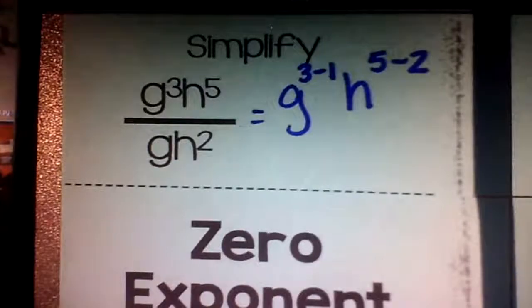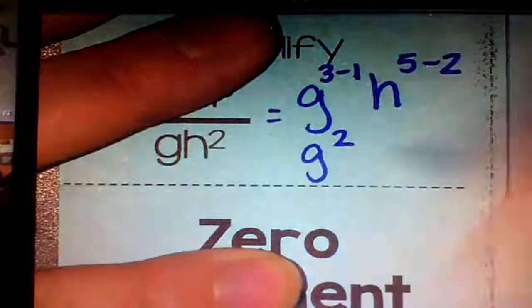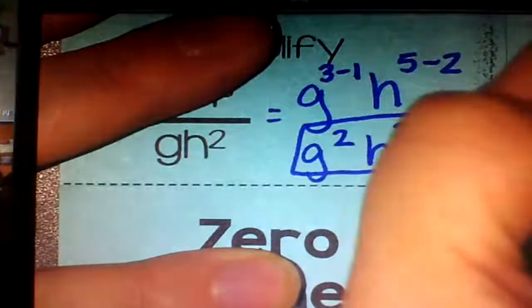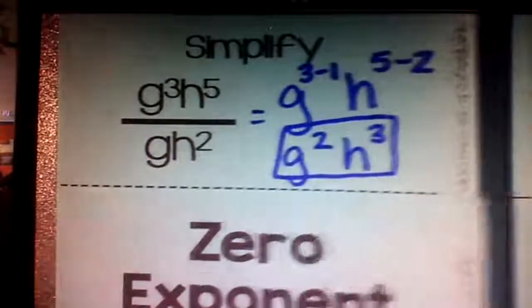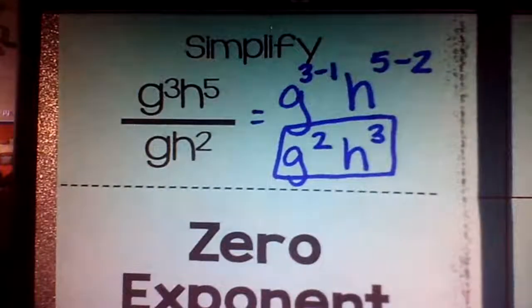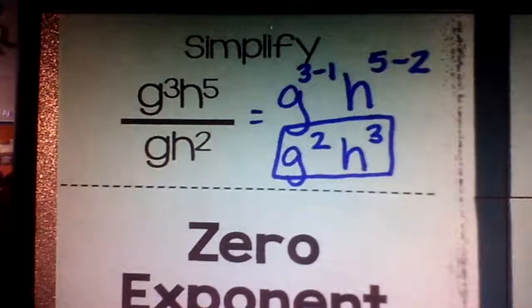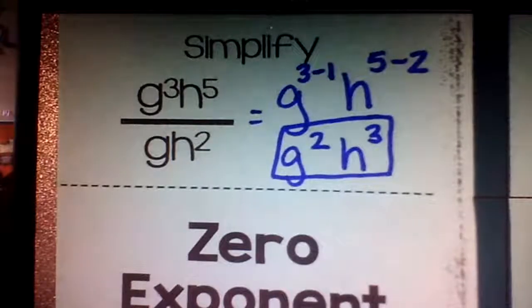So we actually finish off as g to the second and h to the third. Please do not forget, when the exponent is not there, there is an unwritten 1. Okay, so that's where that 1 came from.